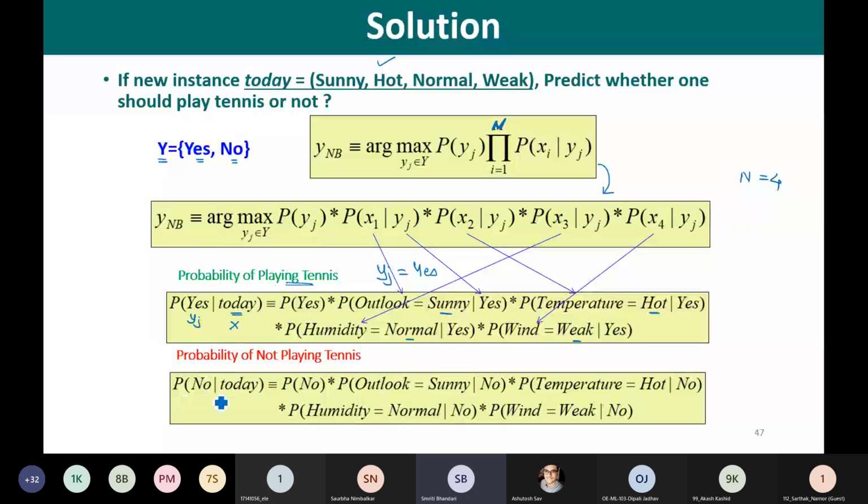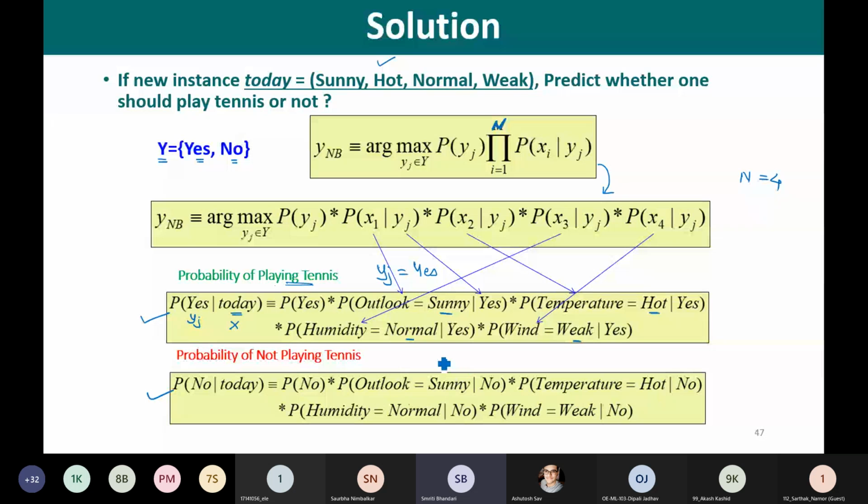The probability of no given today is computed as the probability of no into the probability of outlook equal to sunny given no into the probability of temperature equal to hot into the probability of humidity equal to normal given no into the probability of wind equal to weak given no. So we have come up with these two formulae for computing the probability of playing tennis and not playing tennis.